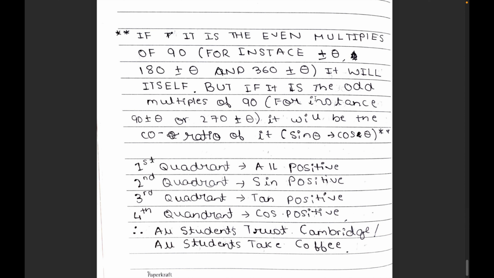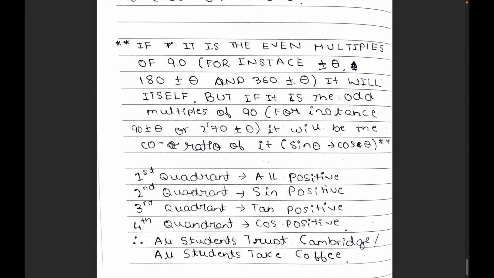But if it is the odd multiple of 90, for instance 90 or 270 plus or minus theta, it will be the co-ratio of it. The co-ratio will basically be sine becomes cos, tan becomes cot, and cosecant becomes secant. So yeah, you can use this.